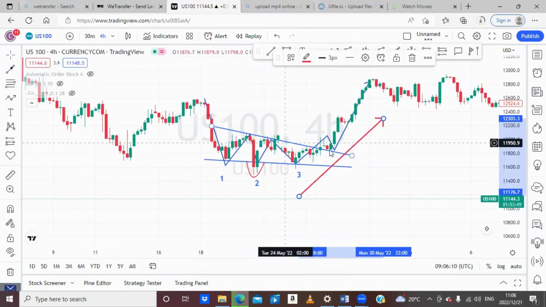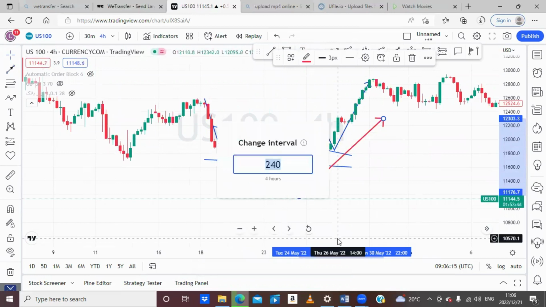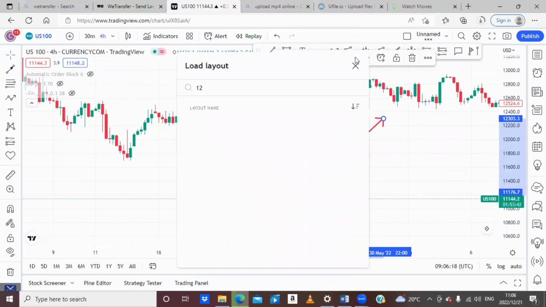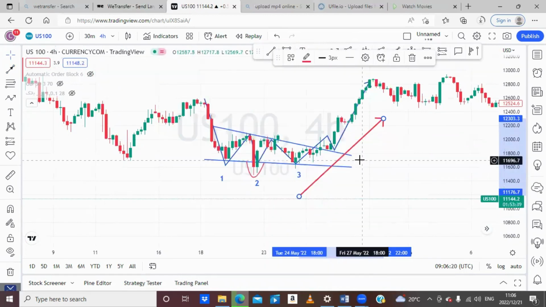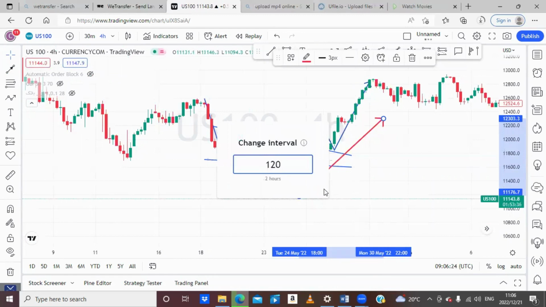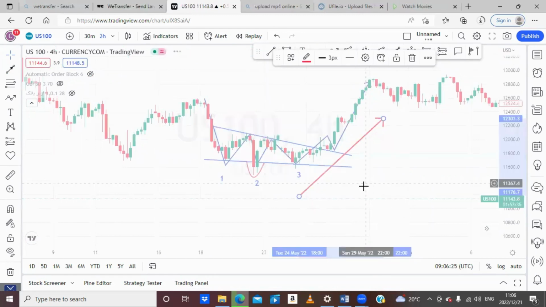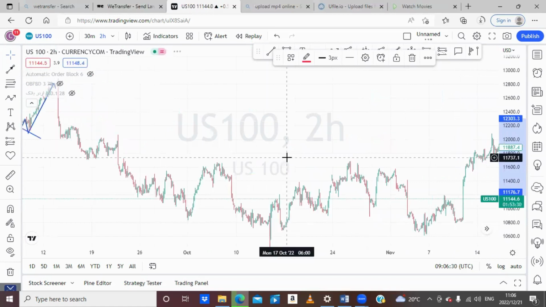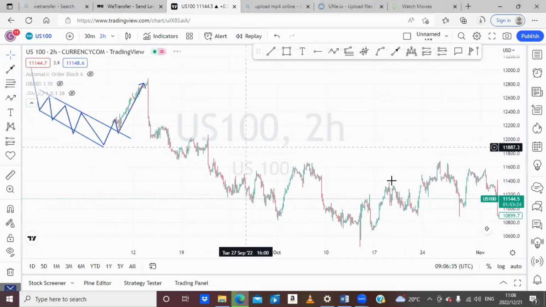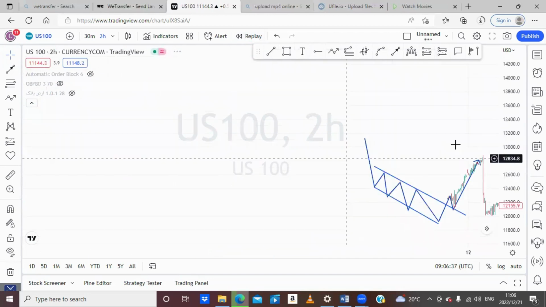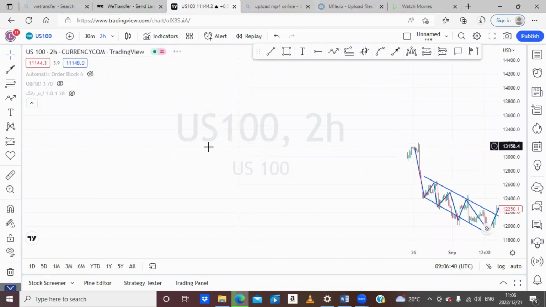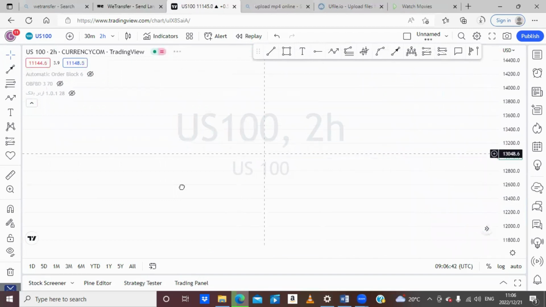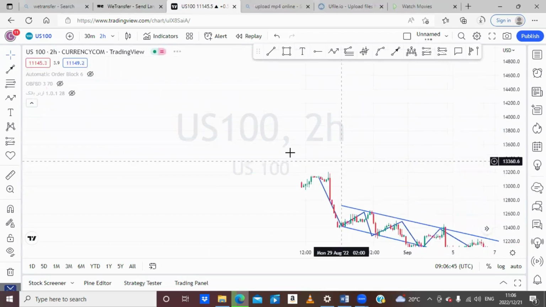If you drop to the smaller time frames, let's take 1 hour. Wait, the chart is still loading.